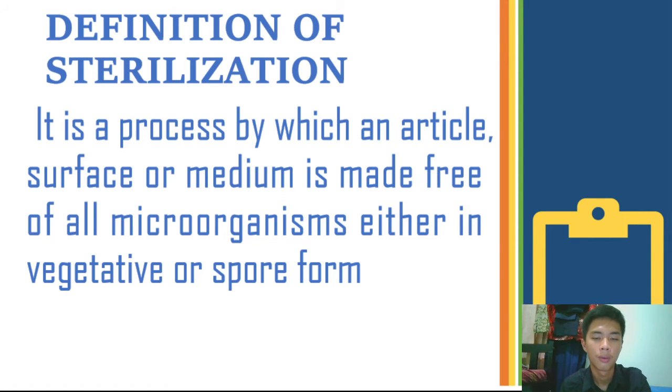Because microorganisms capable of causing infection are constantly present in the external environment and also on the human body. Microorganisms are also responsible for contamination and infection, and the aim of sterilization is to remove or destroy the microorganisms from materials or from surfaces.